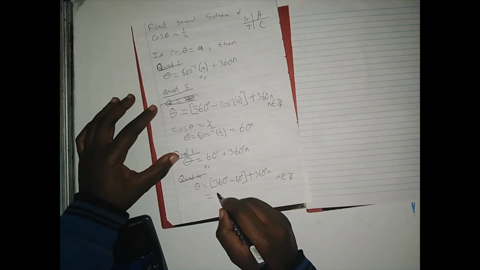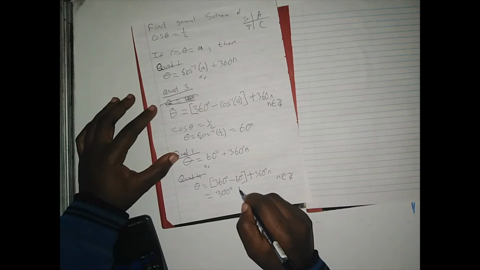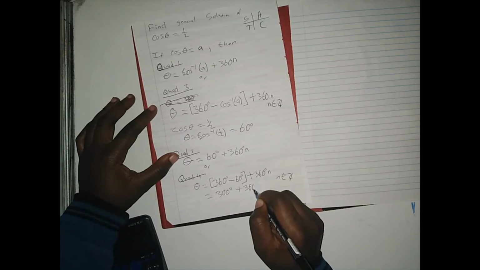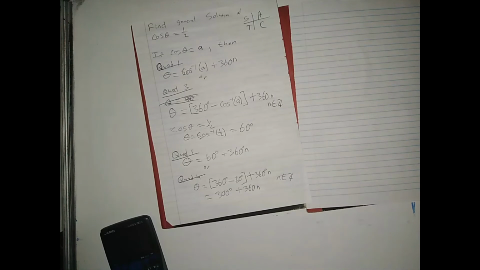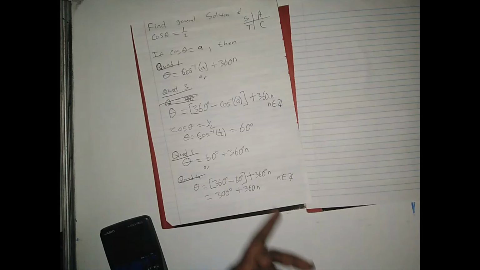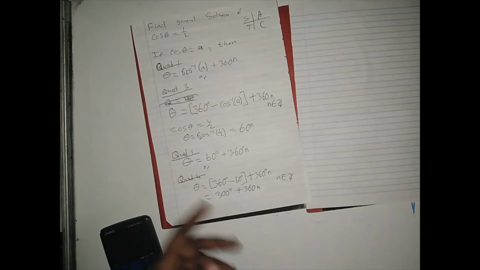So that basically, 360 minus 60, it's 300. So we've got 300 degrees plus 360 n, and then n is an element of integers. Okay, you can keep on adding 0, 1, minus 1 and see if the solutions are correct.